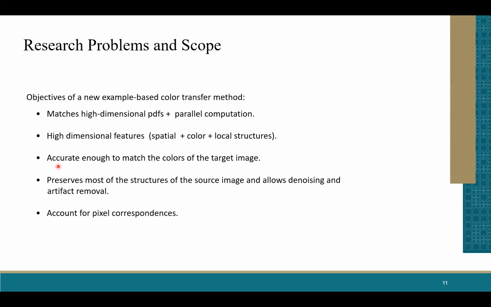How to estimate a transformation that is accurate enough to match the color of the target image, and how to estimate a transformation function that preserves most of the structure of the source image and also allows denoising and artifact removal? And how to estimate a transformation function that takes into account the pixel correspondences when they are available in matching the high dimensional distribution functions?